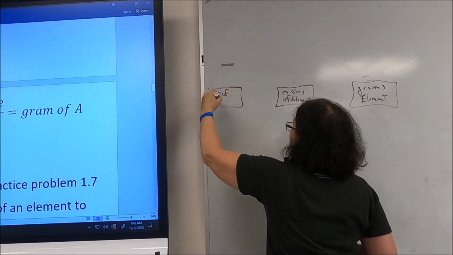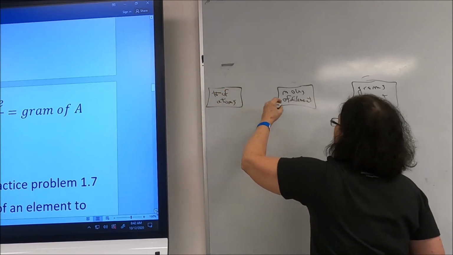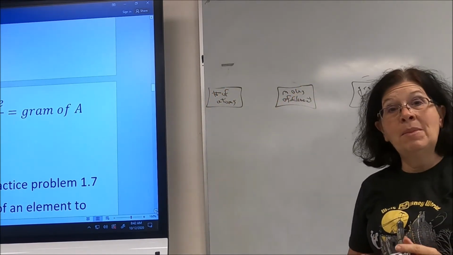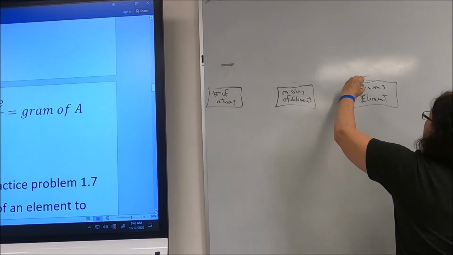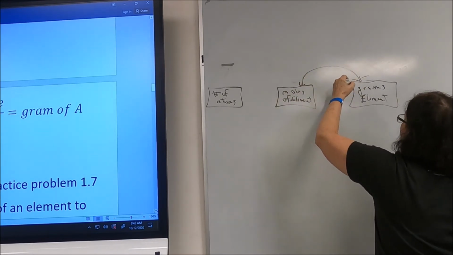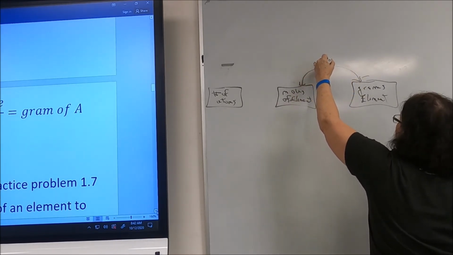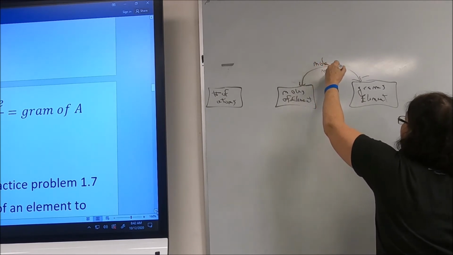Put number of atoms over here. Moles sits in the middle, okay? It's kind of like Rome. Remember in ancient history, all roads lead to Rome? Well, in chemistry here, when we're dealing with the mole, in our bookkeeping of chemistry, all roads lead to the mole. If you do not pass through the mole going somewhere, you've done something wrong. So if I want to go from grams to moles, or moles to grams, I'm going to use molar mass.